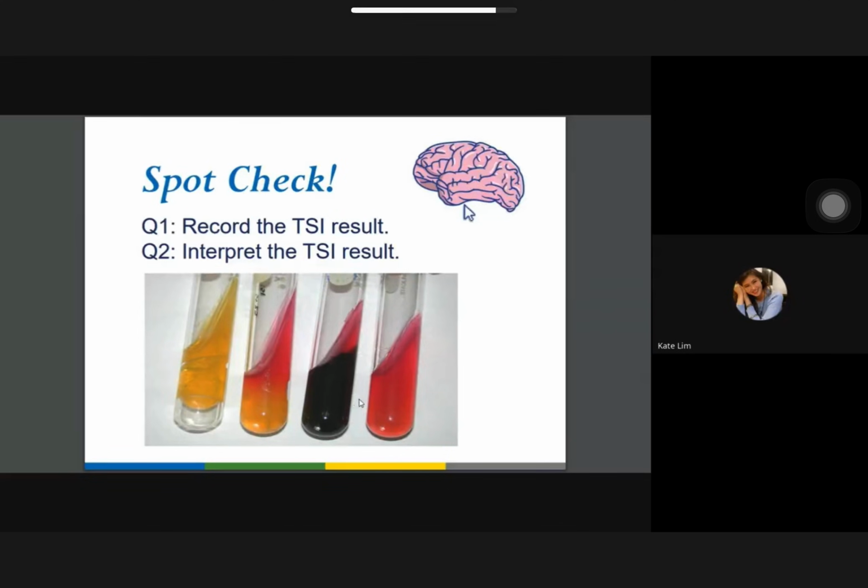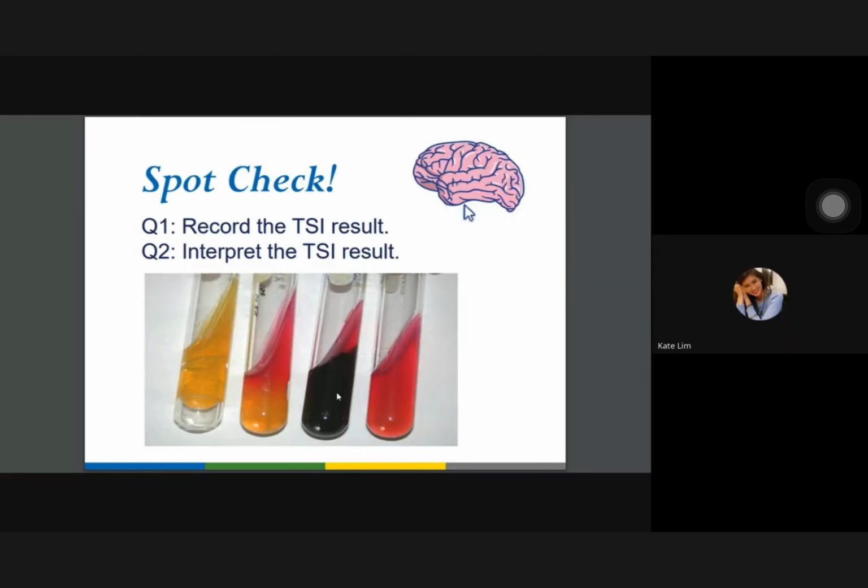If it's still red, that would still be K, so it would be K over K. What does this black precipitate indicate? That would be hydrogen sulfide. So your final result would be K over K with hydrogen sulfide, or K over K hydrogen sulfide positive. So that would be your third tube.